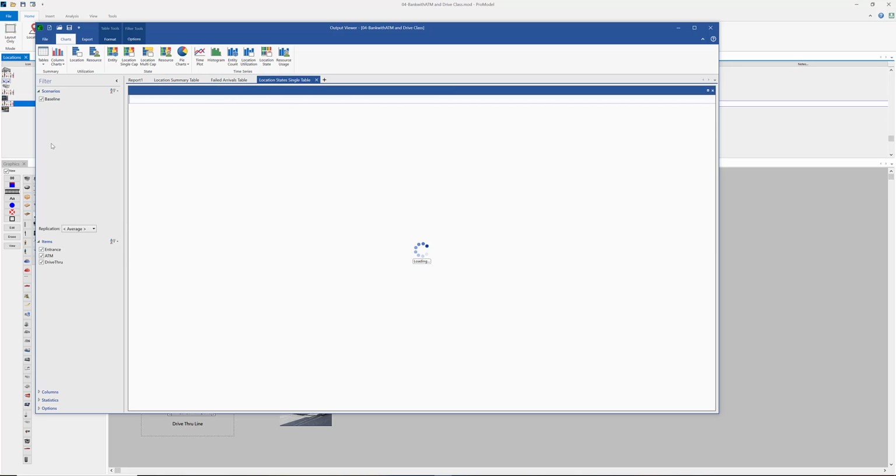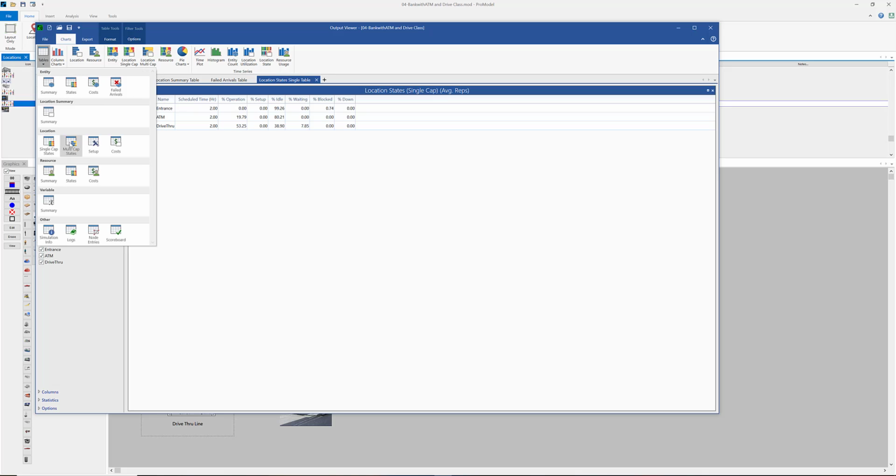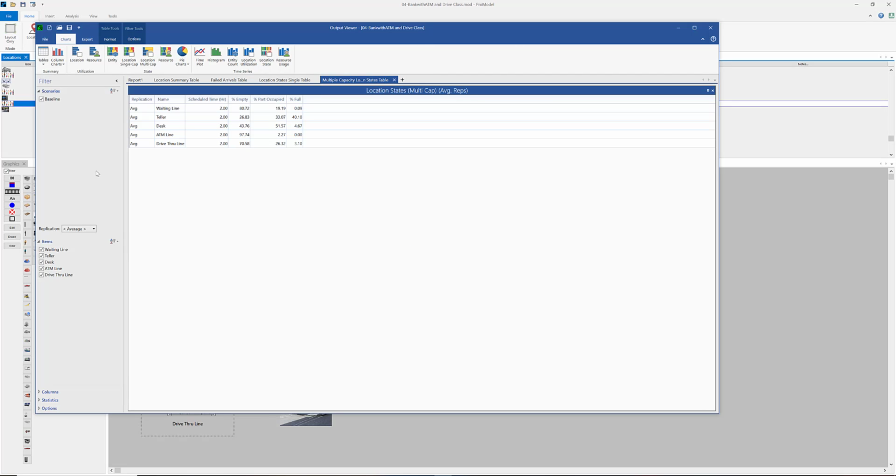Okay, single capacity is ATM: percentage of time idle, percentage of time in operation. For the drive through: percentage of time waiting, operation, and idle. So all of that is good. Multi capacity: percentage of time full, the waiting line, percentage of time empty. Those statistics look really good.